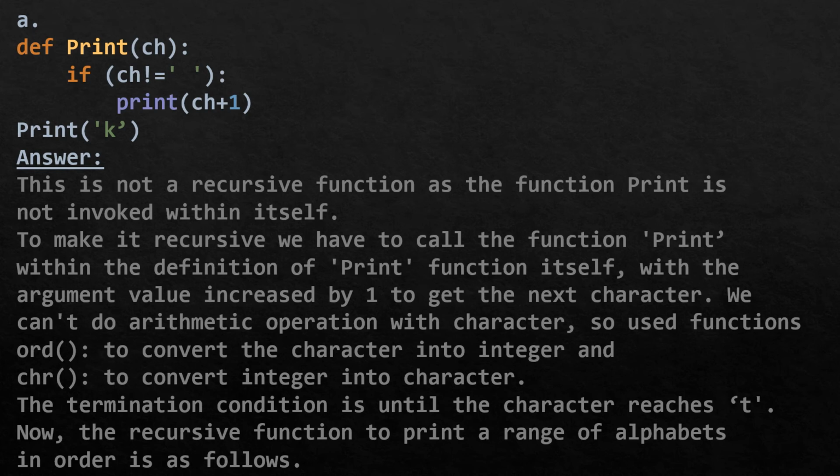The ord function is used to convert the character into an integer, and the chr function is to convert the integer into a character. Now the termination condition is until the character reaches, let's say, the character t. Now the recursive function to print a range of alphabets in particular order is as follows.